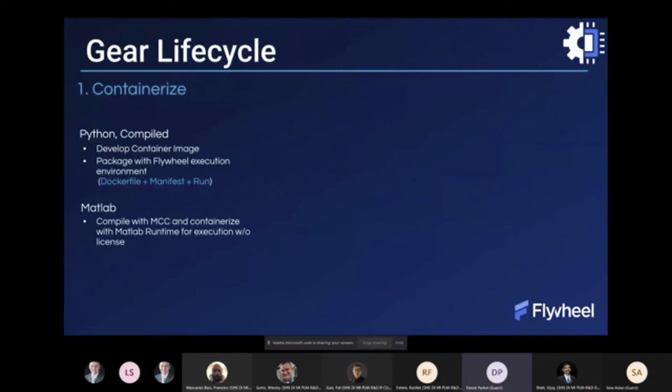So MATLAB just requires an extra step. If anyone here has coded with MATLAB and used the MATLAB compiler runtime, you know that there can be some hiccups along the way there. One sticking point here is that if you program MATLAB on Windows and you compile in Windows, you can't run that on a container then, because the Docker containers really are only Linux that are supported on Flywheel right now.